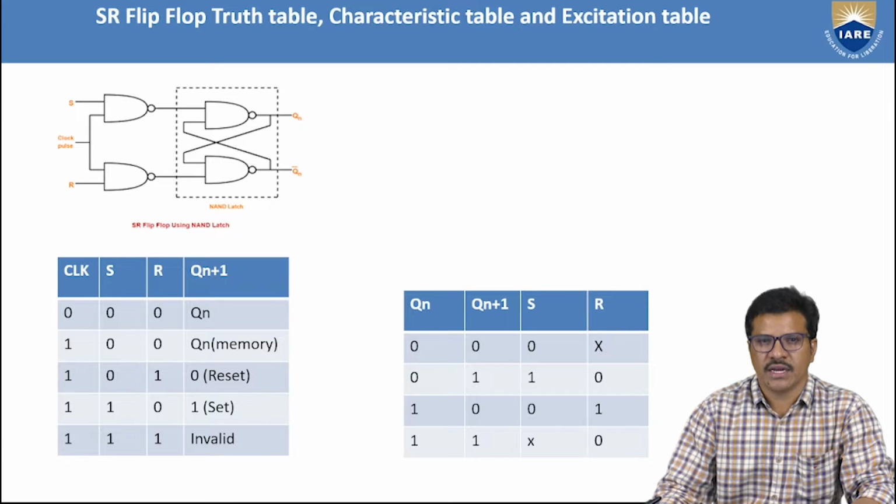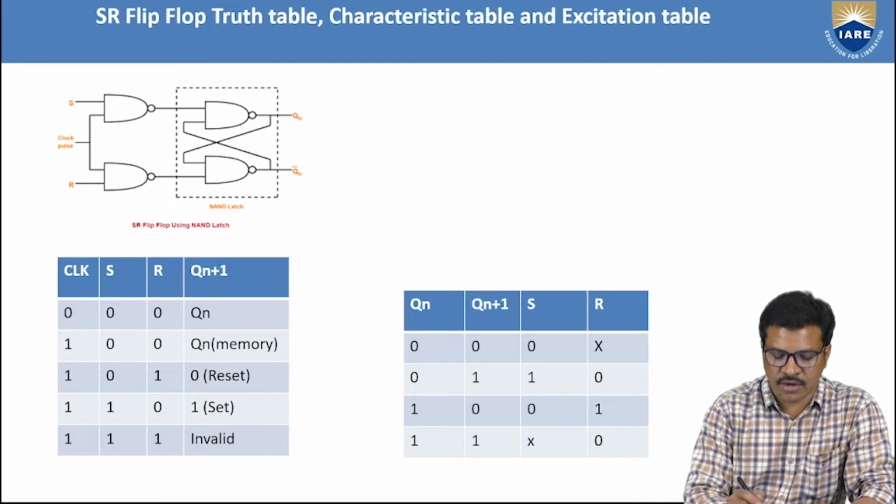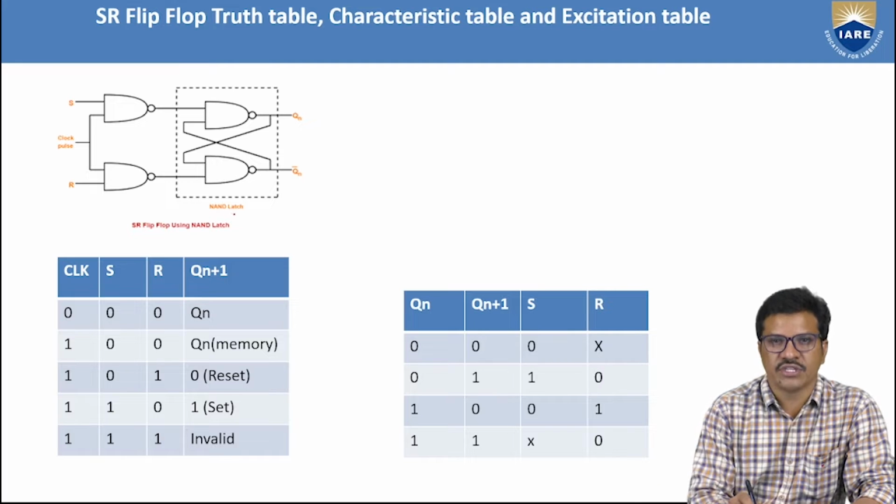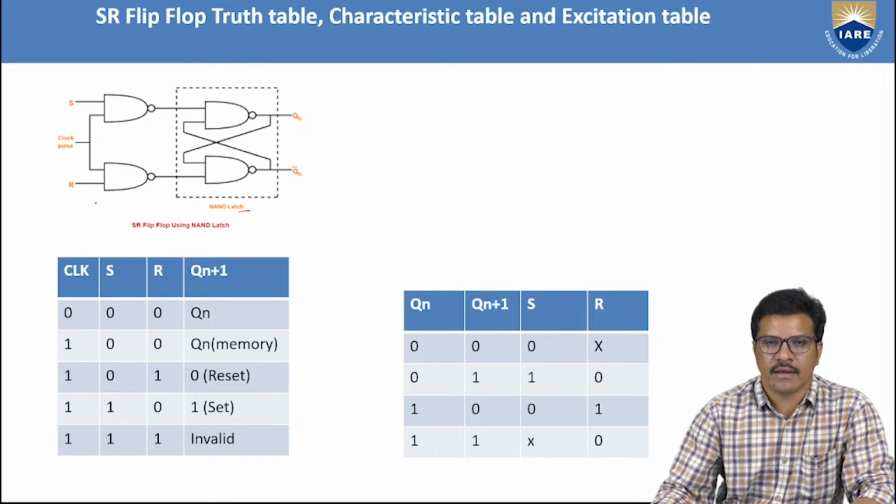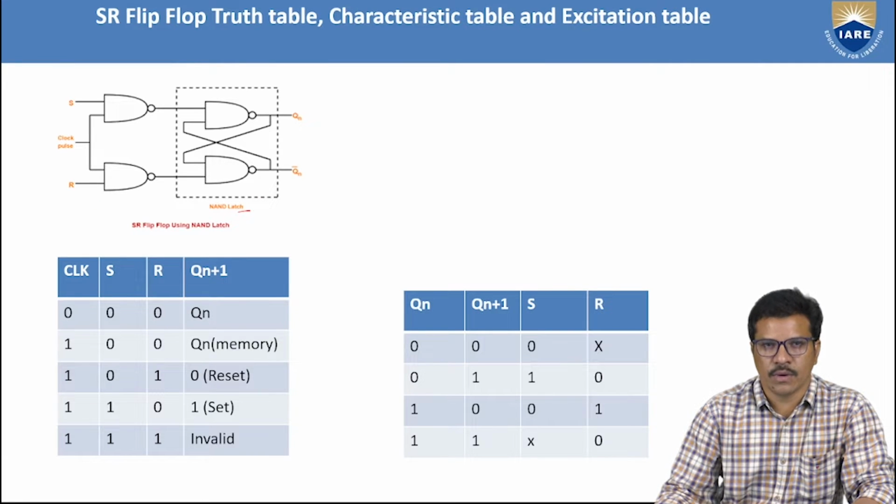If you see the logic diagram for a flip-flop, as we know, we can make it with an SR latch, NAND latch or NOR latch. Let us consider this NAND latch, and by connecting NAND gates we achieve the SR flip-flop, a NAND based SR flip-flop.